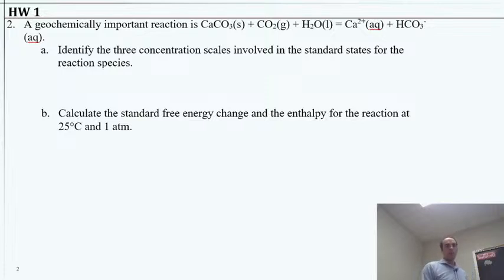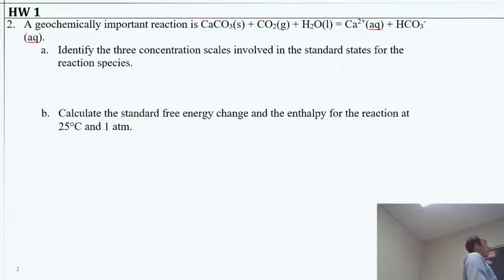All right. Problem 2 says we have a geochemically important reaction, that is calcite, CaCO3 solid, plus carbon dioxide gas, plus water as a liquid. It's going to be in equilibrium with calcium 2 plus in aqueous phase and HCO3 minus aqueous.